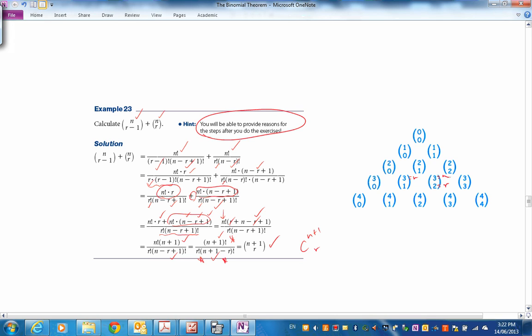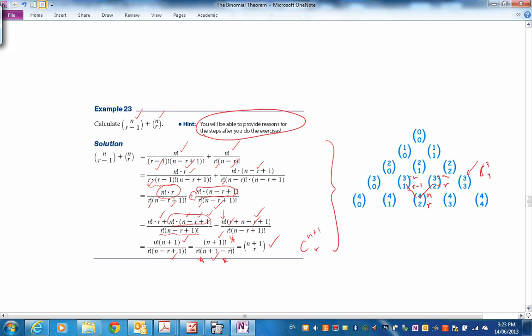If this is r, this is r take 1. We've just shown when you add them, you get the entry nCr. We've just proven why Pascal's triangle works. Because Pascal's triangle are these expressions, combination expressions.